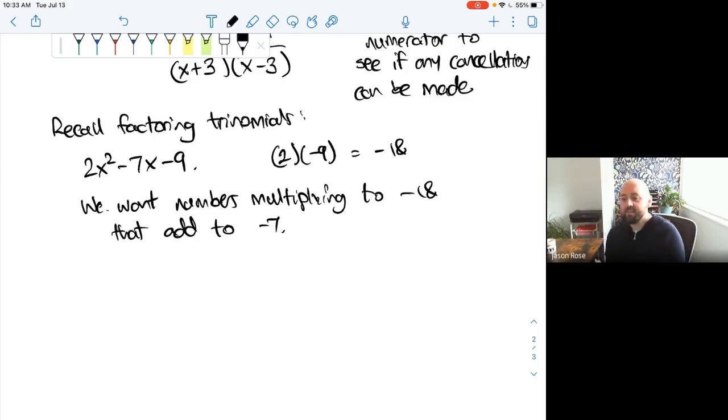That's right, yeah. Minus 9 and plus 2 is what you want. Okay, very good. So yeah, some had the signs the wrong way around.